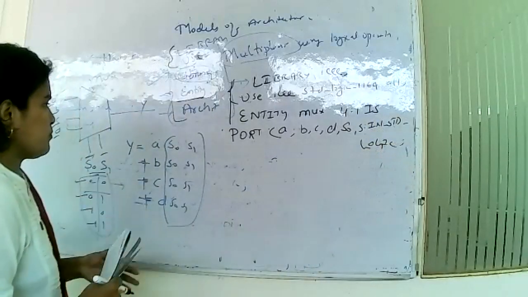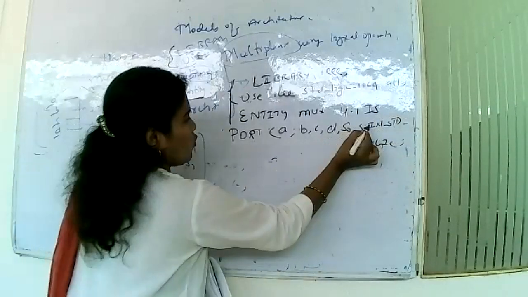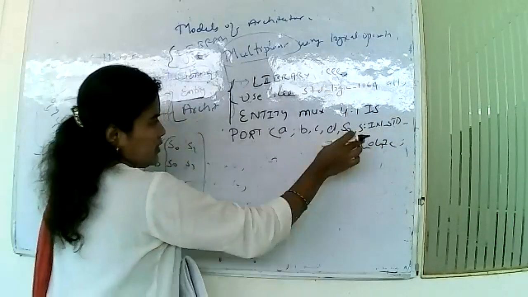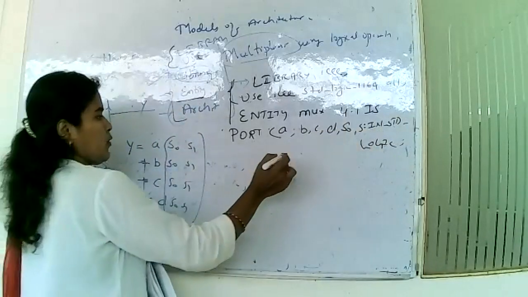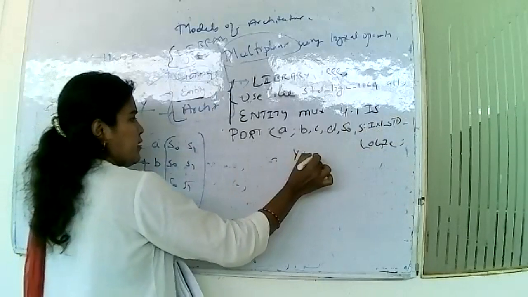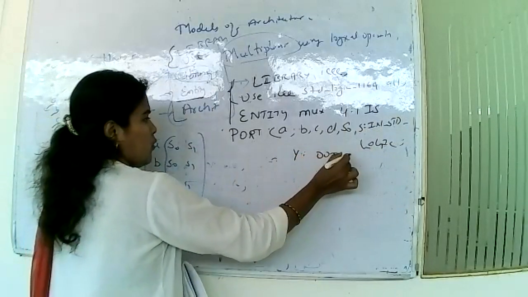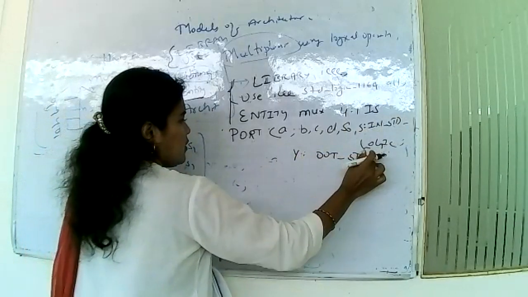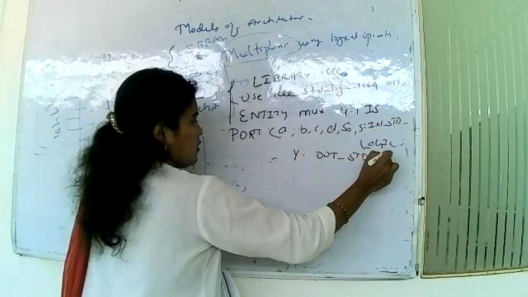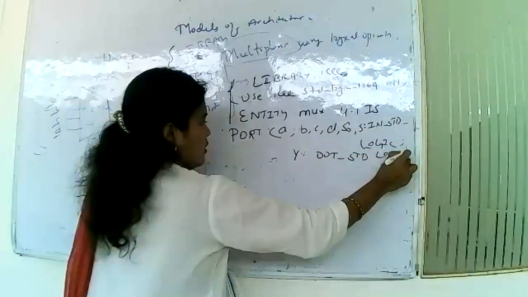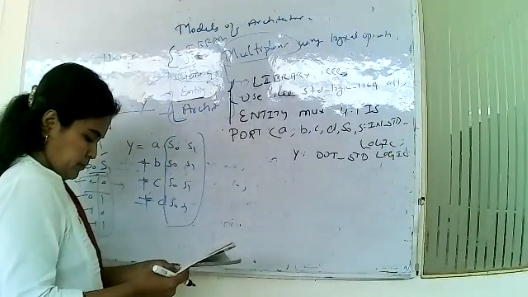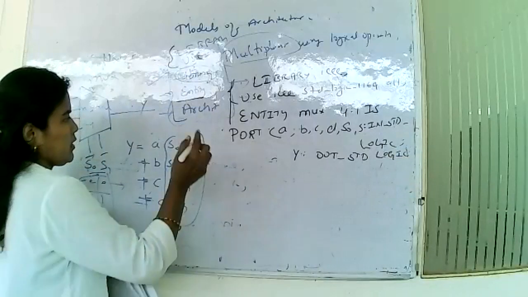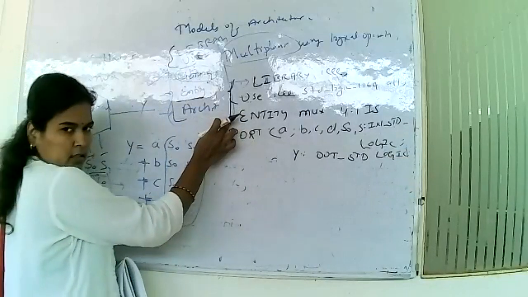And what is the output here? Inputs are in standard logic. And the output is Y, out standard logic. So this is the beginning of the entity.